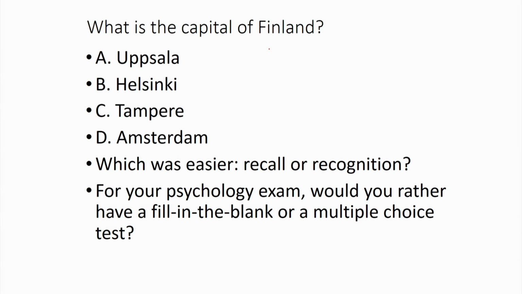Now when you are recalling, you are doing a free recall, searching your memory for any information, but in recognition you have to have recall also, because you have to recall where these things fit, and so recall is basically a part of recognition. This is what a recognition test looks like, and so you will put Helsinki, because all of them have a probability of 0.25, a 1/4 probability of being remembered.